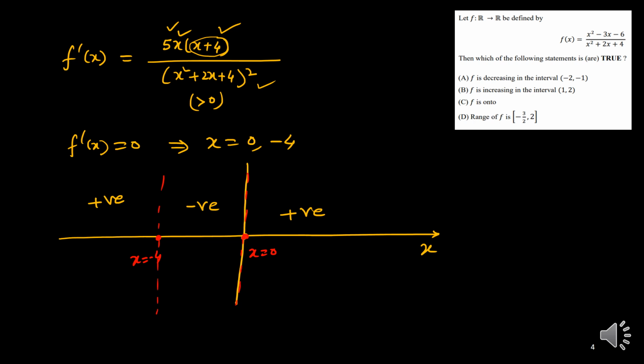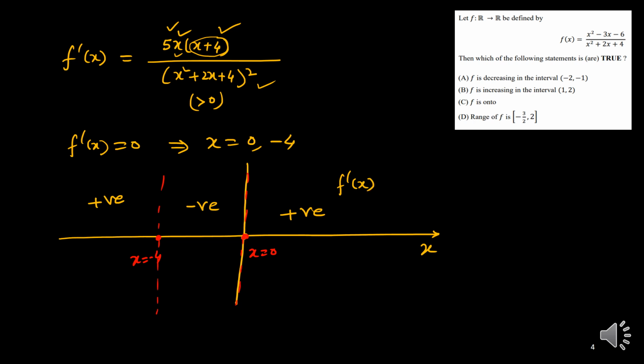Because within the range x equal to minus 4 to 0, x is negative but x plus 4 will become positive, and that product of positive and negative will become negative. And when x is less than minus 4, both the terms x and x plus 4 will become negative, and negative times negative multiplication will become positive. That's simple.